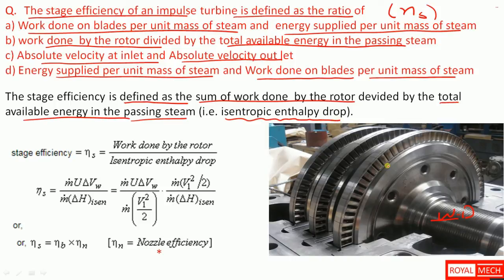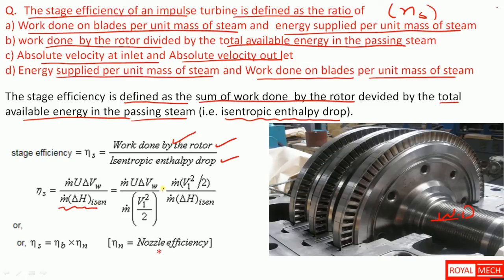So the total available energy for the rotor to produce work is the isentropic enthalpy drop. We can write m dot U into delta Vw, the work done by the rotor, over the isentropic enthalpy drop, m dot delta H isentropic.